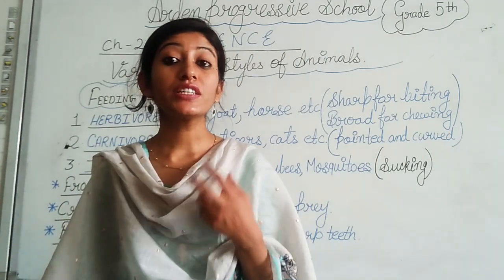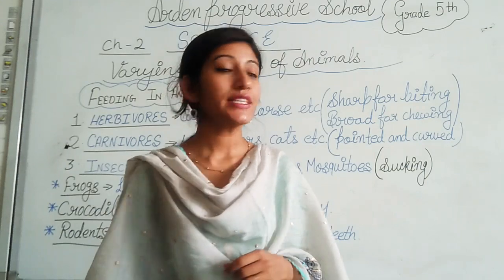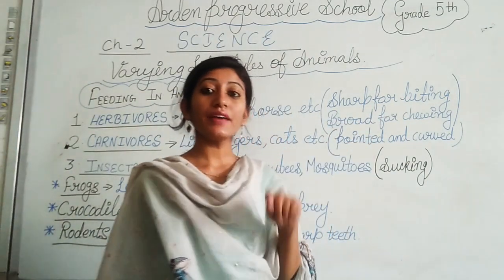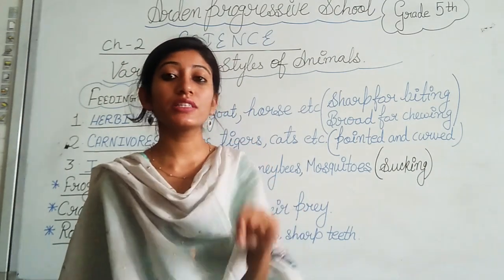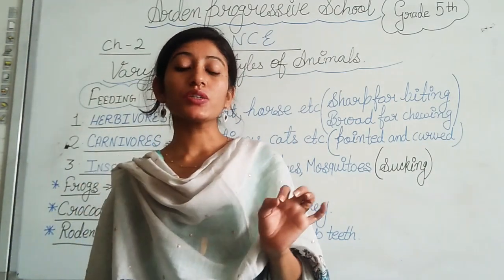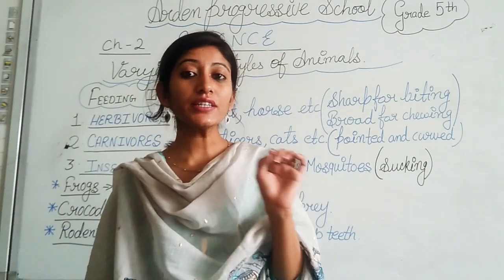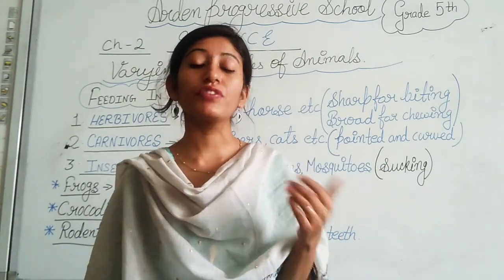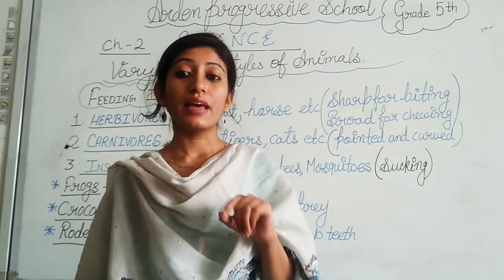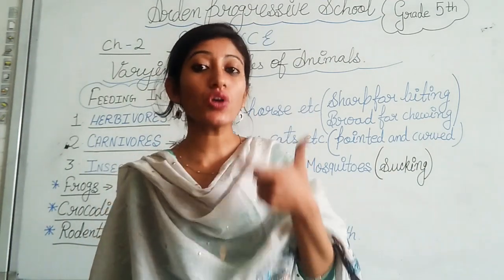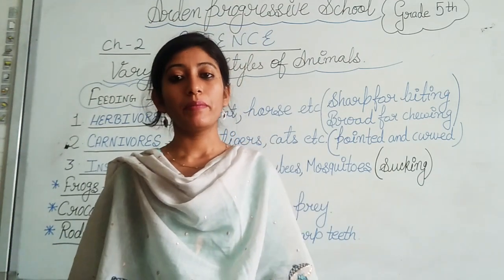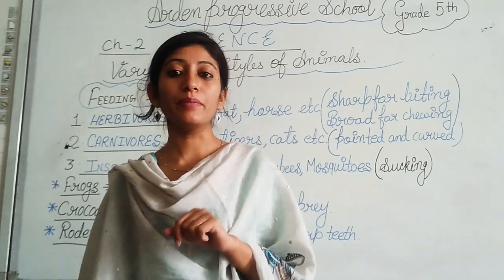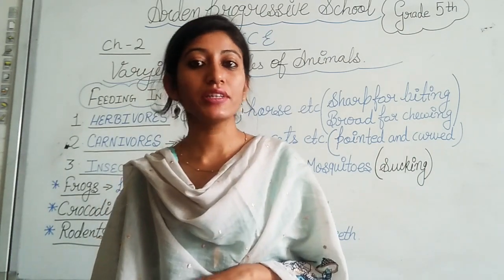So for that we can say that they have sharp teeth for biting, because they will bite the grass or a plant leaf. So the front teeth are sharp and they use them for biting, and in the backside they have strong broad teeth, and those teeth help in chewing.